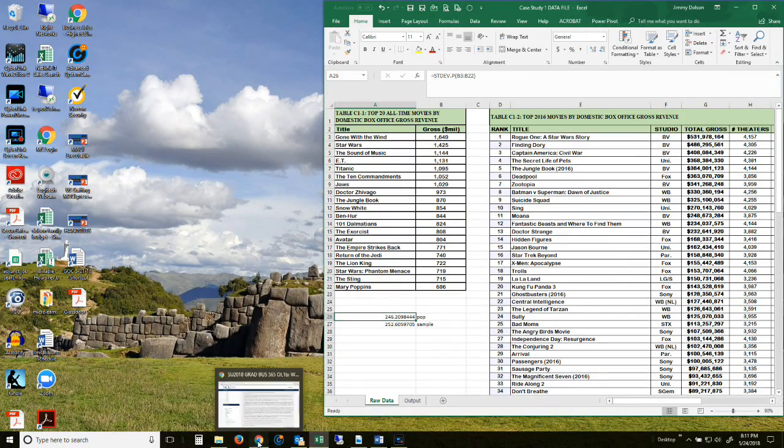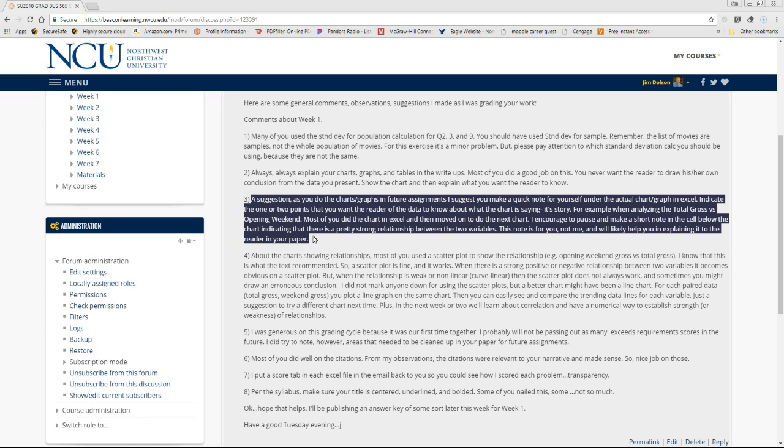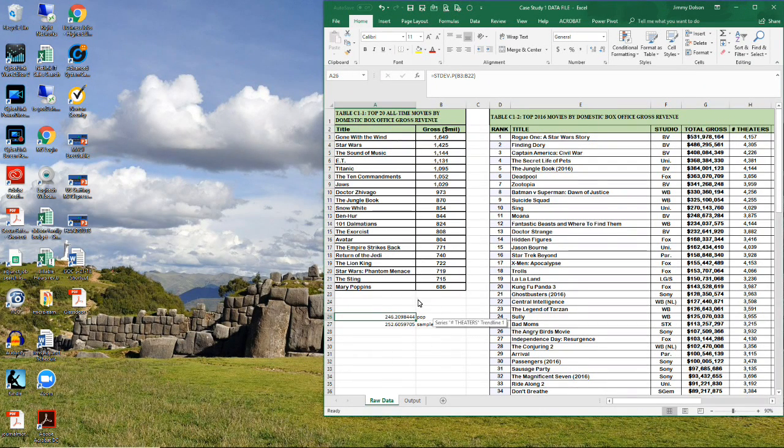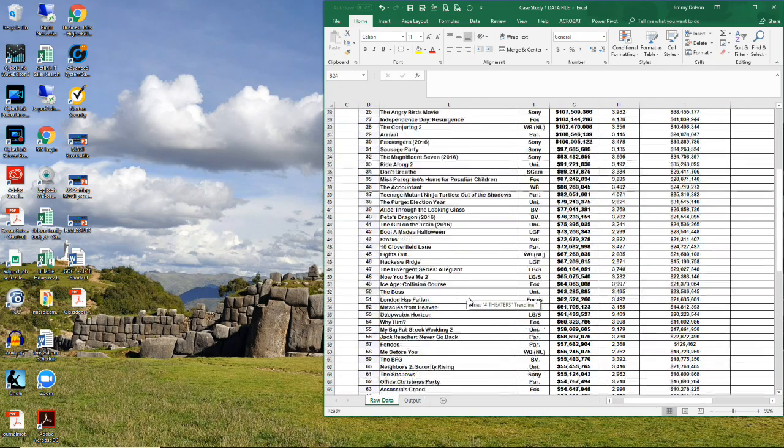Let's see, the other item, that's number 2. Number 3, whenever you're doing data analysis, let me pull this back up. Whenever you're doing data analysis in your worksheet right here, put notes in there for yourself, not for me. These are just for you.